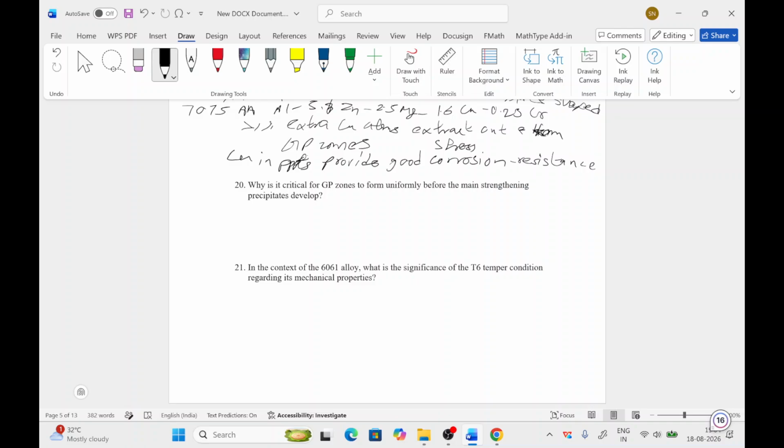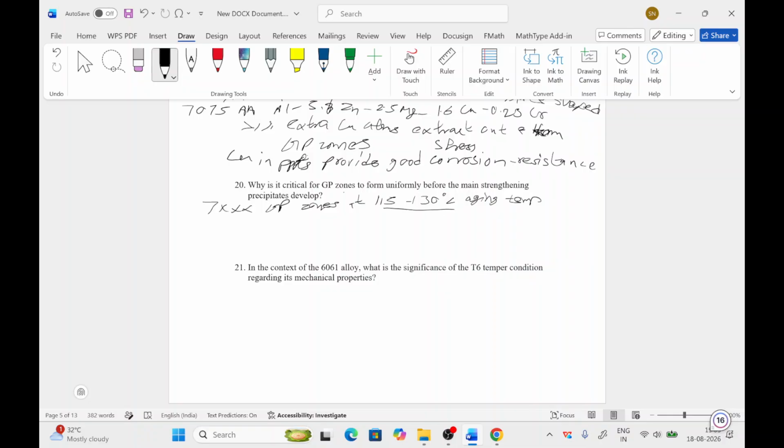So for the 7000 series alloy, first we form GP zones at a 115 to 130 degrees Celsius aging temperature for the uniform formation of the GP zones.